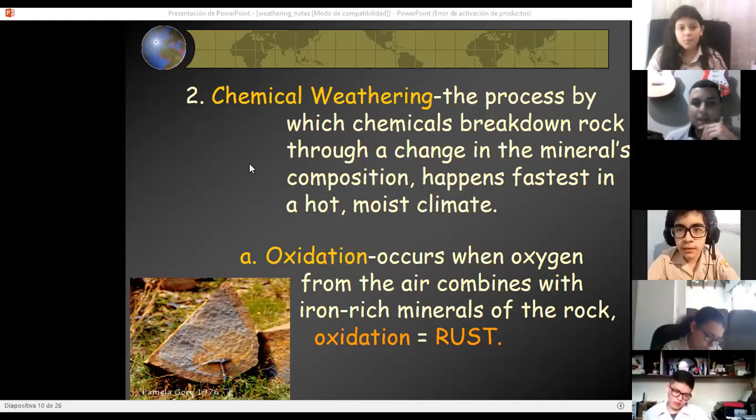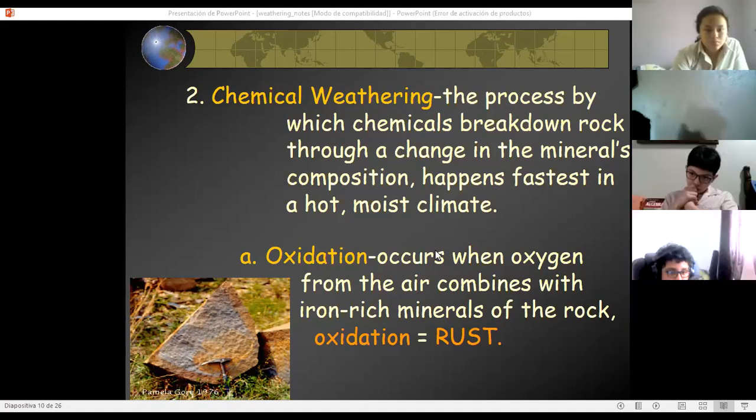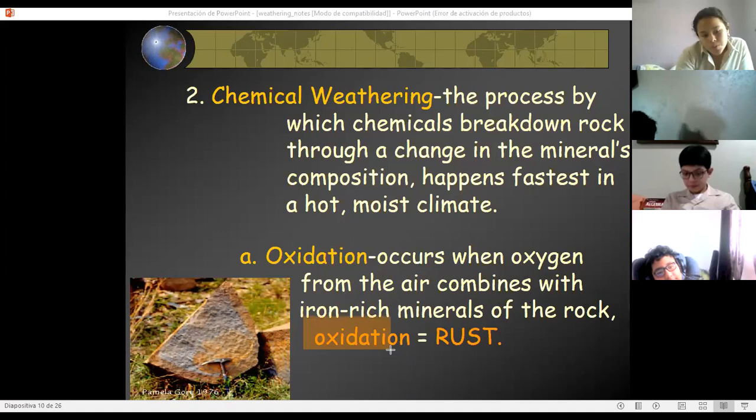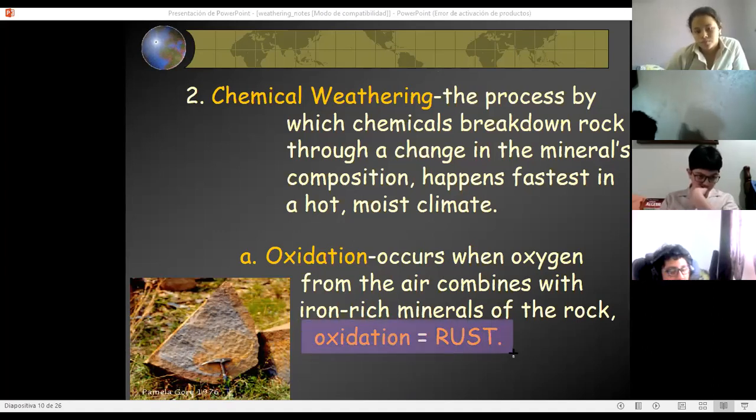Okay, for the time, Melanie, continue with reading that part, oxidation. Oxidation occurs when oxygen from the air combines with iron-rich minerals of the rocks. Oxidation, rust. Thank you. Oxidation is equal to rust.